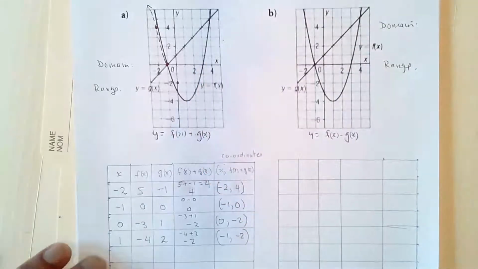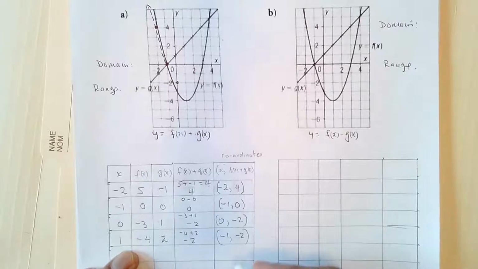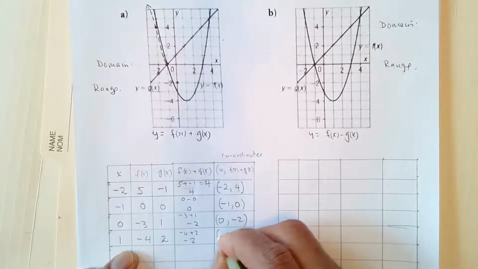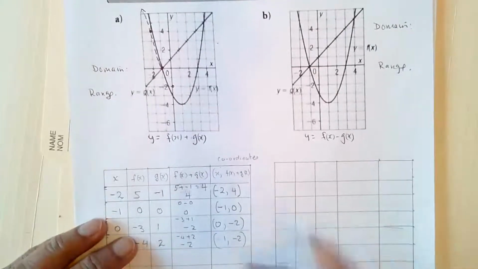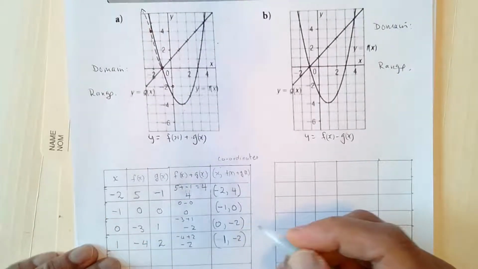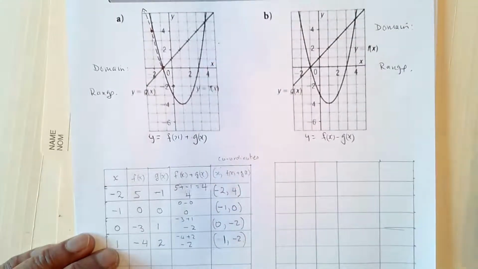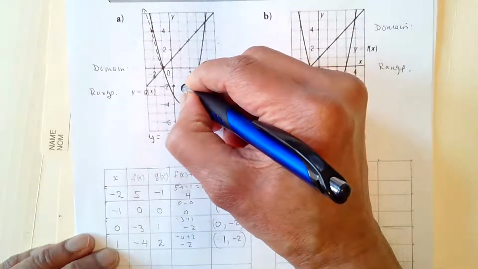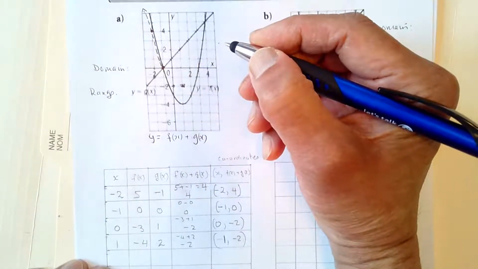Oh, sorry, it's 1, -2. So the next point would be 1, -2 here.